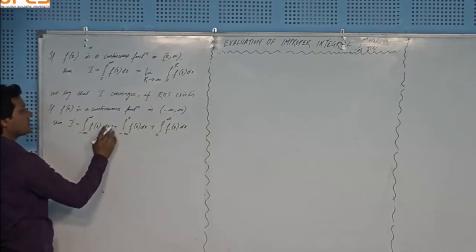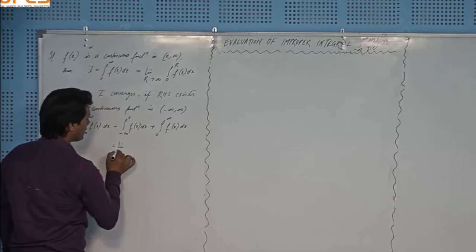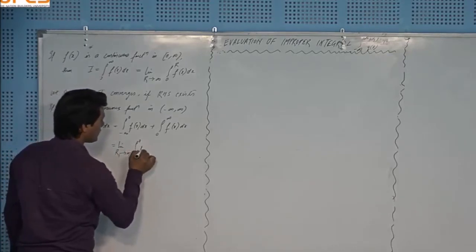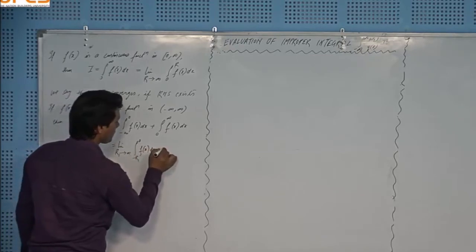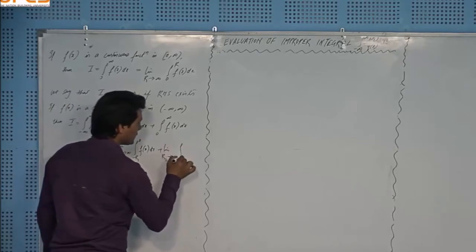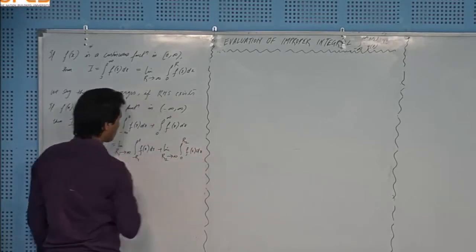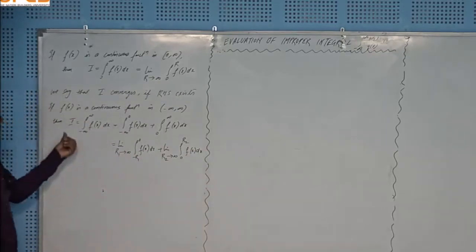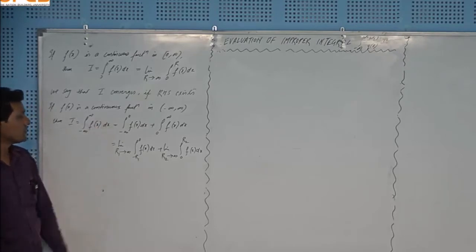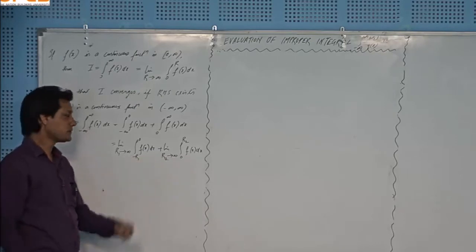And for each part you can write limit R1 tends to infinity, minus R1 to 0 f(x) dx plus limit R2 tends to infinity, integral 0 to capital R2 f(x) dx, right? It means that the problem of evaluating this integral where the limits are from minus infinity to plus infinity is actually equal to the sum of evaluating these two integrals, right?